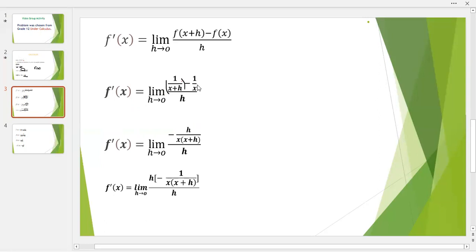As you can see, we are solving the fractions. So we first have to find the lowest common denominator, which is x times x plus h.